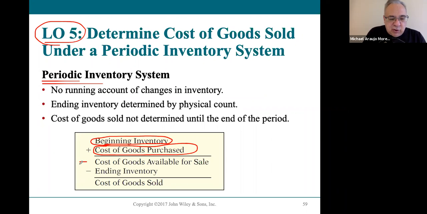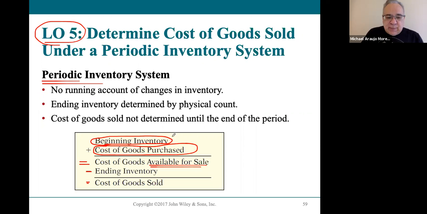That's going to give us a grand total of the total inventory that's available for sale. Like I told you, only 2 things can happen to inventory once a company has it. At the end of the period, they still have it. If it's not there, it's assumed it's sold. So they subtract out what they count left in inventory. If it's not there, they assume it's sold. That's cost of goods sold.